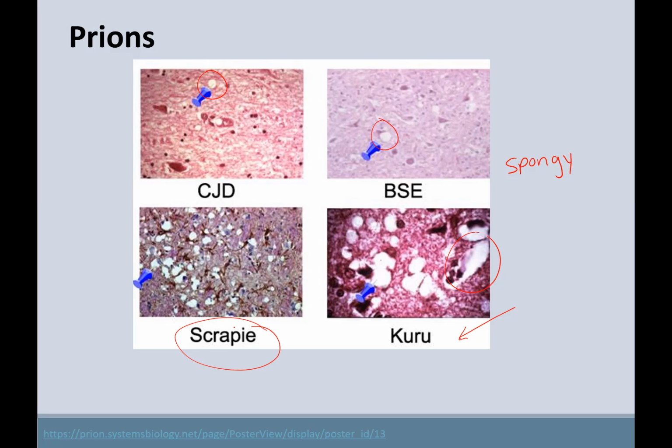Scrapie is in sheep, so you may have also heard of chronic wasting disease in elk and deer. Creutzfeldt-Jakob is actually a genetic form in humans. So sometimes there is a mutation that causes the prion.